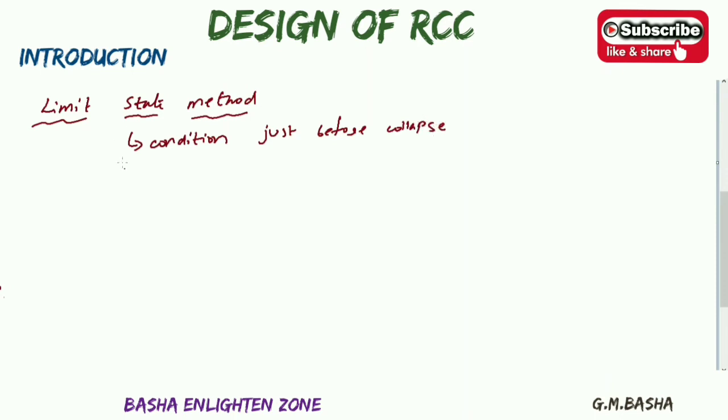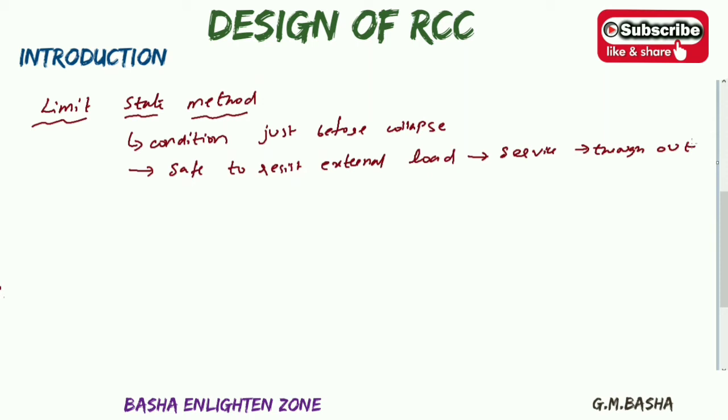Up to this condition the member is safe to resist external loads and also gives proper service throughout its life. Okay, again this limit state method will be divided into two types.